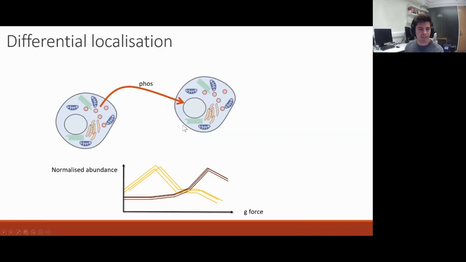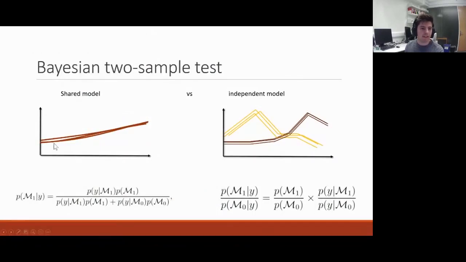And we want to detect these particular proteins in our sample because they're interesting. We think they're more functional. And so how does this appear in our data? Well, these proteins would have different profiles or different trajectories across those fractions, so different abundance and distributions. So we want to test for this across a whole list of phosphoproteins.